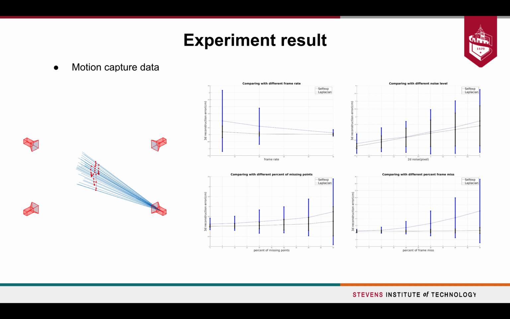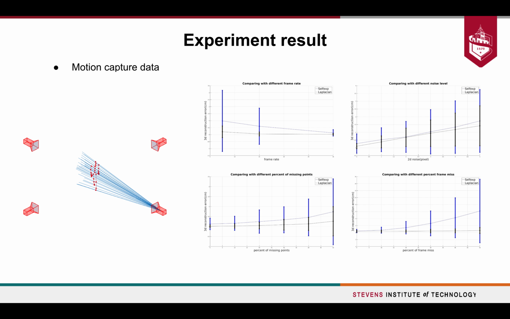And when there are a lot of missing points, ours has a lower reconstruction error. Most important, we randomly drop some frames during the sequence, which is equivalent to making the out degree different for each frame. At some points, maybe the neighboring frame is far away from it.